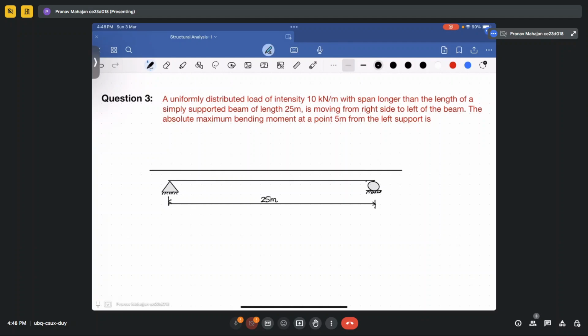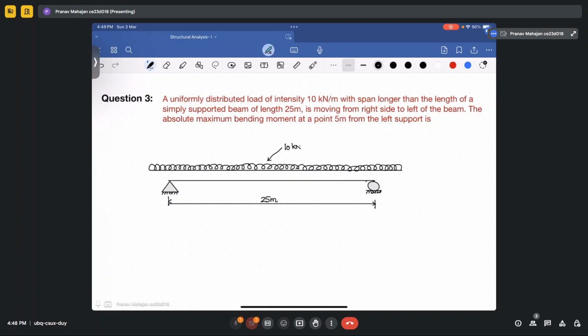So we will utilize it wholly over the span, and the extra part lies beyond that. So this is your UDL of 10 kilonewton per meter.